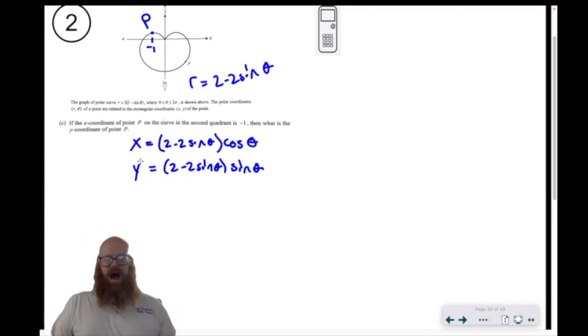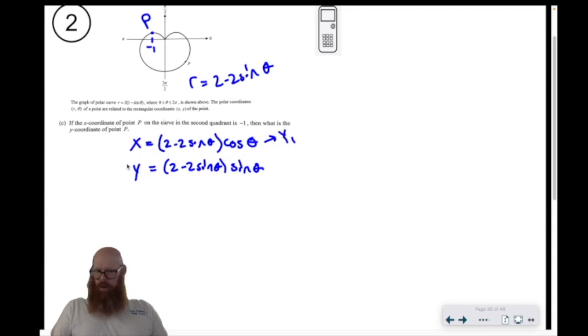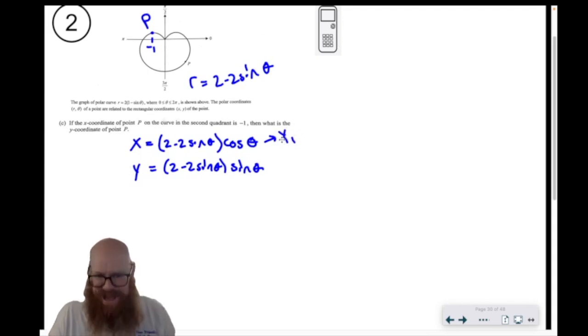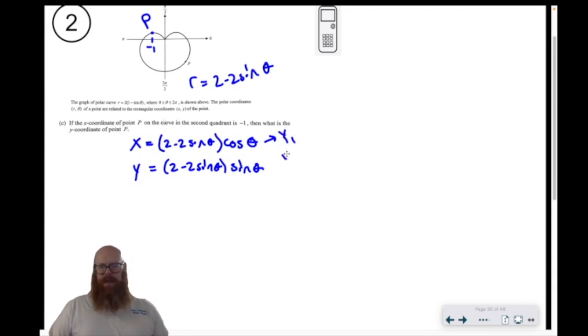Put this as your y1, not this y, like y1 in the TI-84, and then make your y2 equal to -1, because I want to know what input will give me an output of -1.